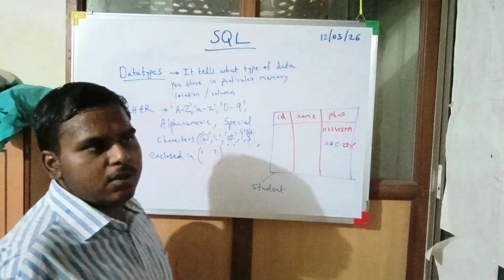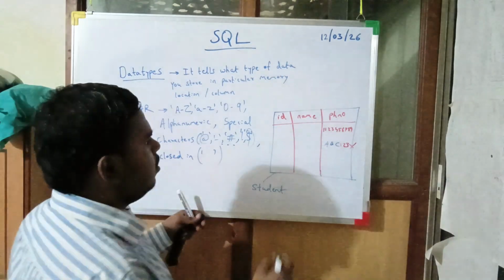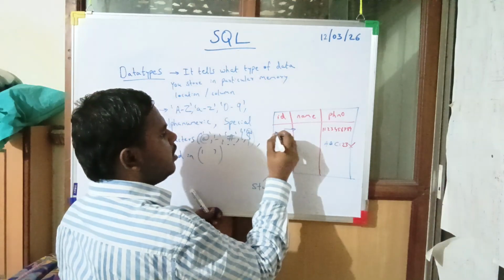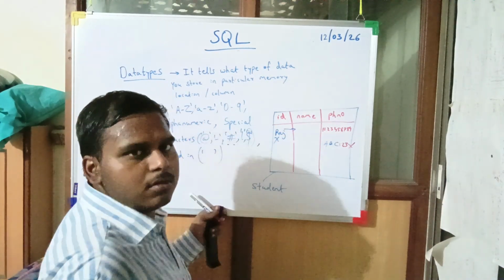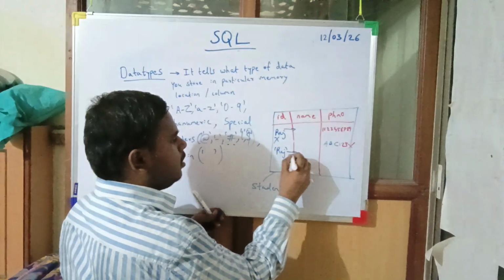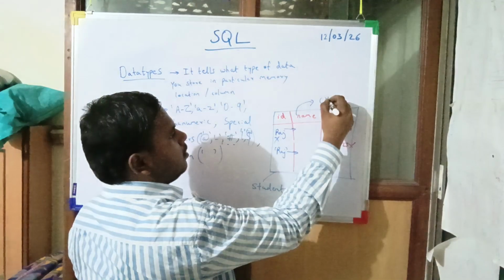Then only it will accept. For example, let's say you are entering the name of a person. If I try to enter Raj directly, it will not accept, it will throw an error. But if I keep Raj in single quotes and try to enter, it will be accepted, if I keep the data type character.